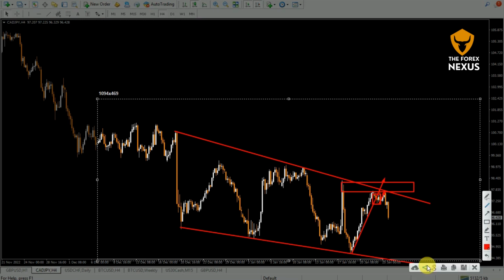Now the market can hit the lowest demand zone and can make a lower low. After that we will wait for the confirmation.